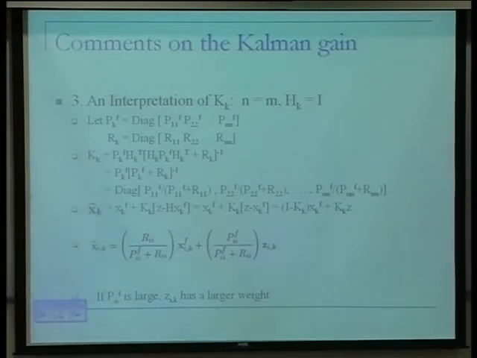Sigma 1 squared by sigma 1 squared plus sigma 2 squared x1 plus sigma 1 squared by sigma 1 squared plus sigma 2 squared x2, that is equal to x hat. I'm able to reproduce that result component-wise. So Kalman filter makes sense. Kalman filter specializes to some of the most intuitive principles in estimation.